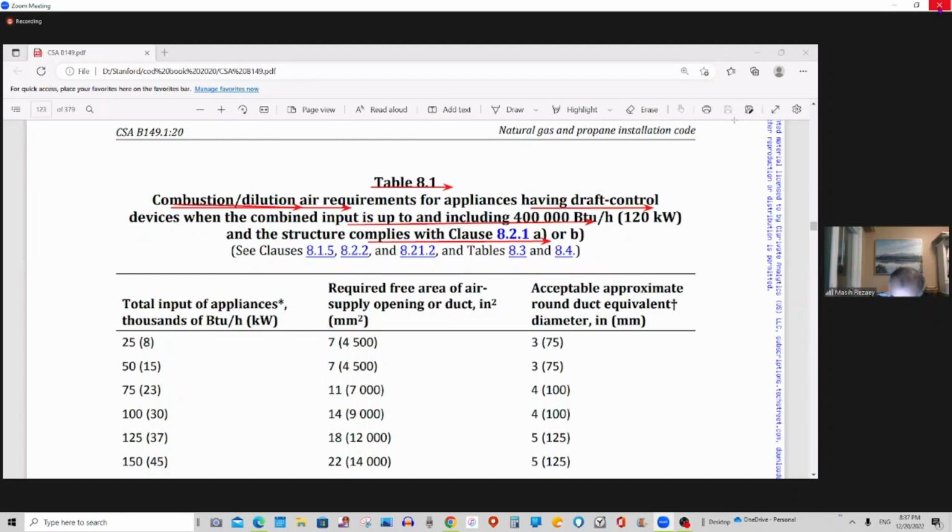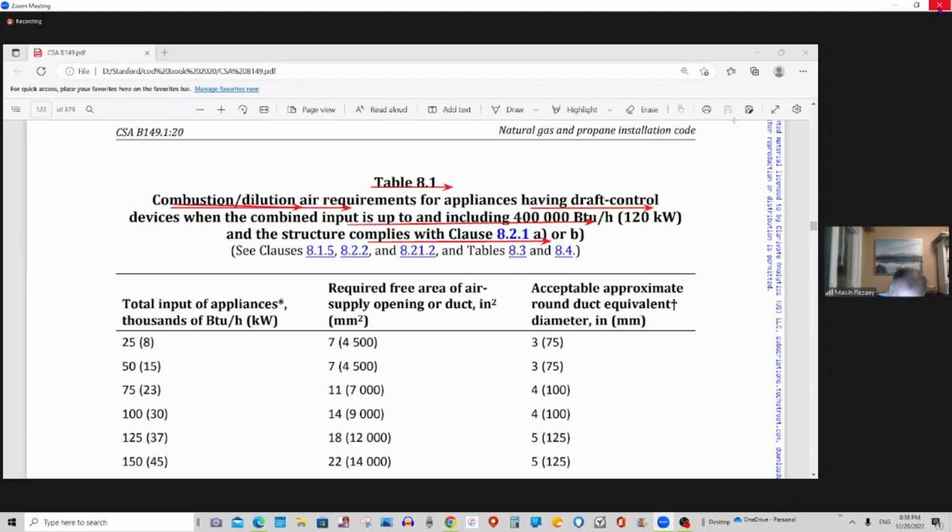I have an appliance, a furnace, which has draft control, and the BTU input is 80,000 BTU per hour, and I install it in a house which complies with 8.2.1 A and B. Please find out the opening required for combustion dilution air.